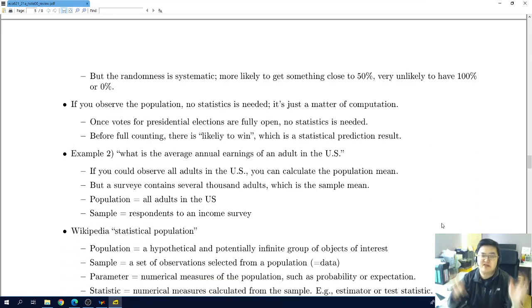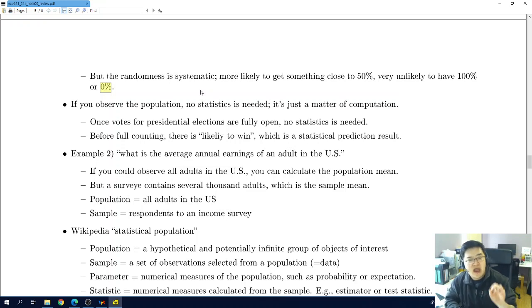However, if you repeat the 100 coin toss, it is random, but there is a pattern. For example, even if you throw 100 coins again and again, it's really hard to get all of the coins to be heads or none of them to be heads. So 100% or 0% is extremely unlikely out of your 100 coin toss.